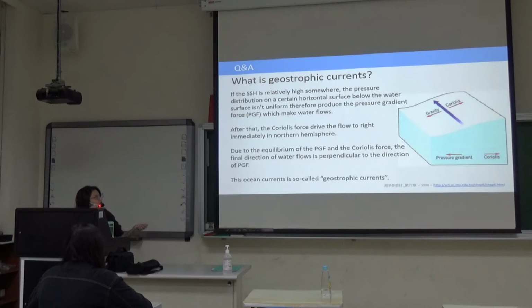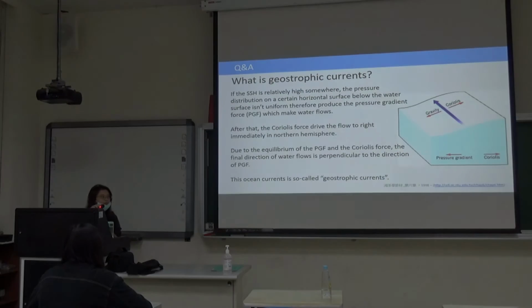After the water flows, the Coriolis force will drive the water to the right in the northern hemisphere. Due to the equilibrium of the PGF and the Coriolis force, the final direction of the water flow is perpendicular to the direction of the PGF. This kind of ocean current is the so-called geostrophic current.